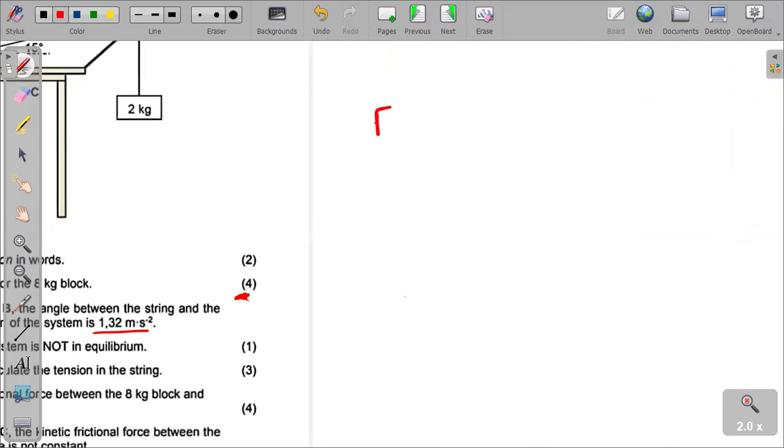Right, so which are the forces that are acting on the 2 kg block? Apparently, there is gravitational force that is acting downwards. Then there is also tension that is acting upwards.